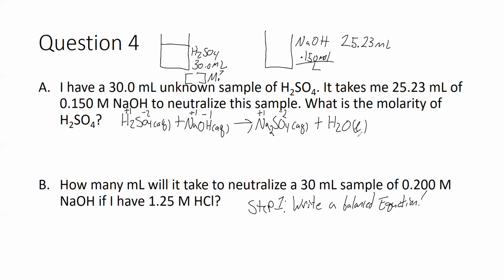Now we have to balance out the equation. So 2 sodiums on the right, 1 sodium on the left. So I need a 2 here. Now 4 hydrogens on the left, 2 hydrogens on the right. So I need a 2 here. And then everything should be balanced.